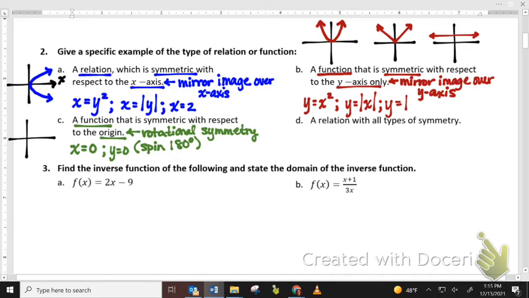Can you guys think of anything else that would work like that? Y equals x. Let me draw in y equals x. If I stick a push pin on the origin and I spin it 180 degrees, does it line up? Yes. Y equals x would work. Anything else?